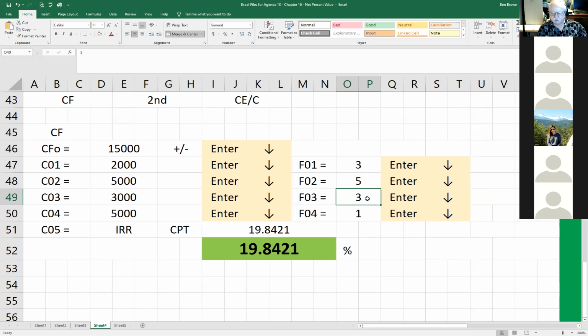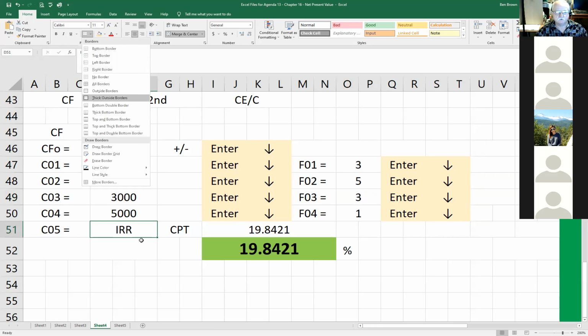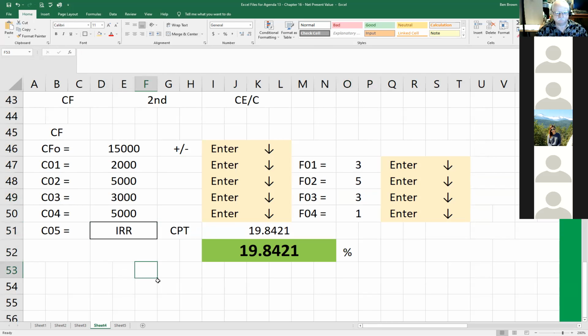And it comes up with 19.84205944. So, did that work for you on your calculator?